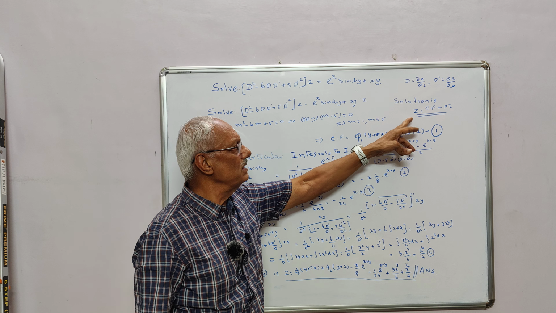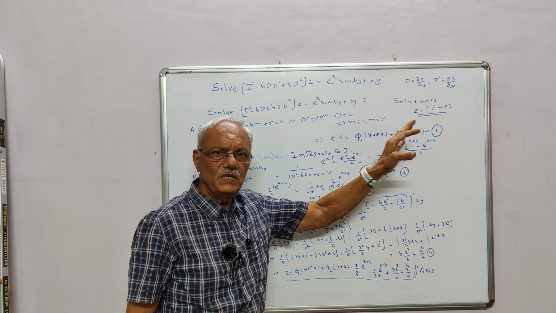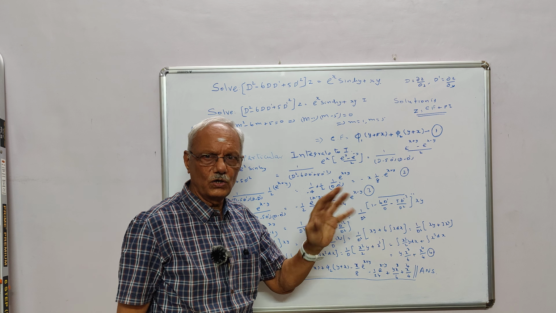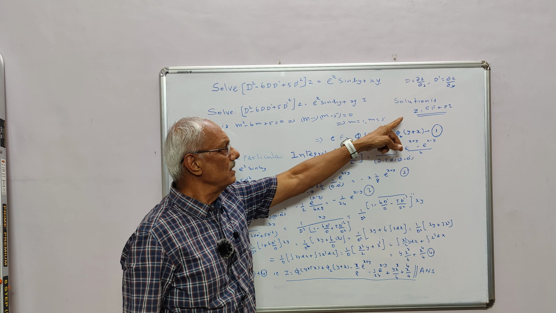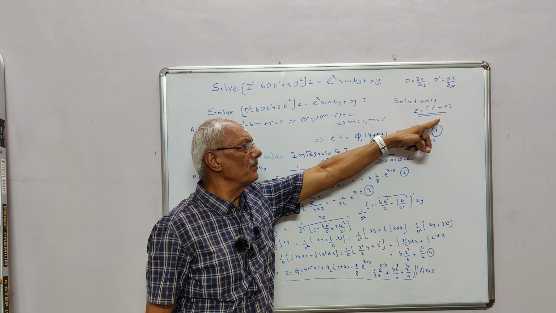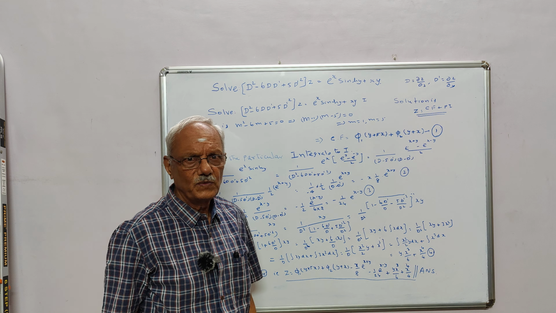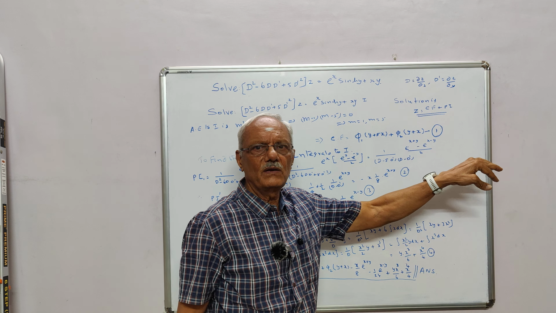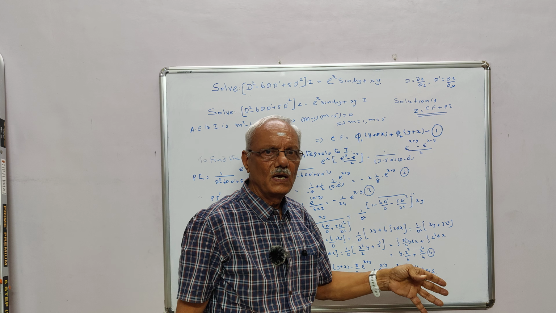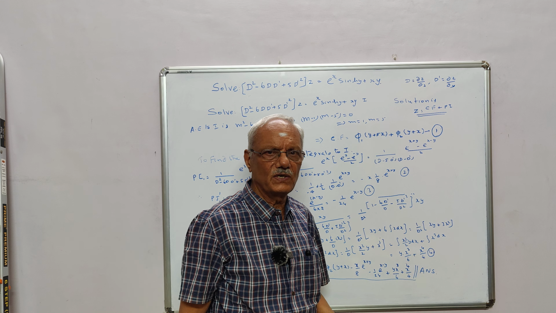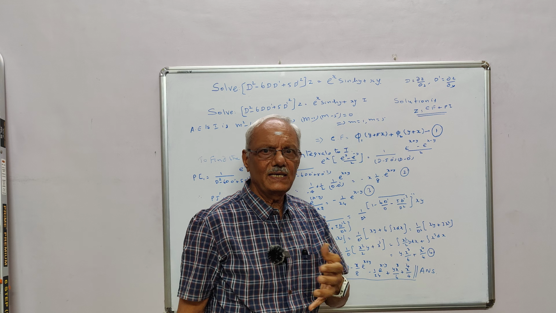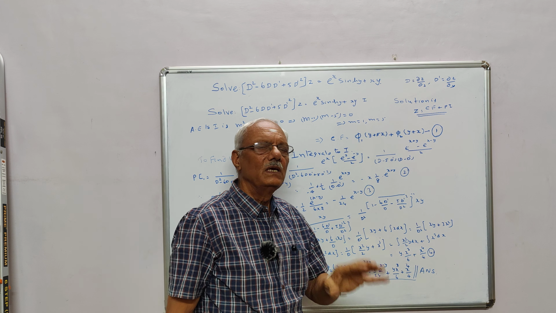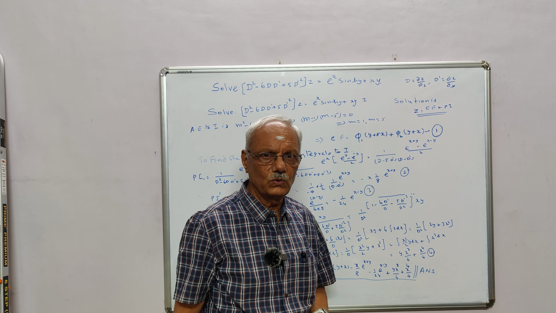And the solution is given as we give in ordinary differential equations: z is equal to complementary function plus particular integral. In ordinary differential equations, we give it as y is equal to complementary function plus particular integral, because y is a dependent function and it depends on x, and x is an independent variable, and we solve and give the solution like this. In the same way we do here also.